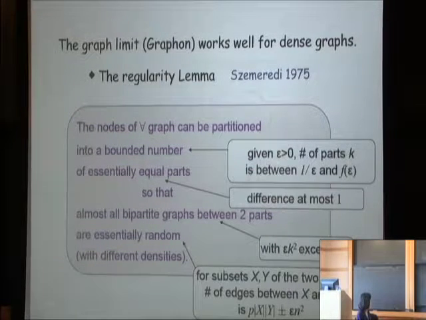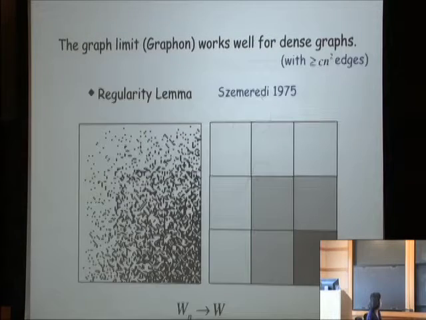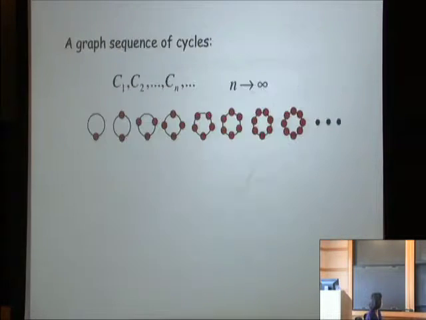And finitely many means independent of n and only depending on epsilon. But the catch here is that it's only good when the error bound is epsilon n squared, which means it's great for dense graphs. You can get a very nice block structure.